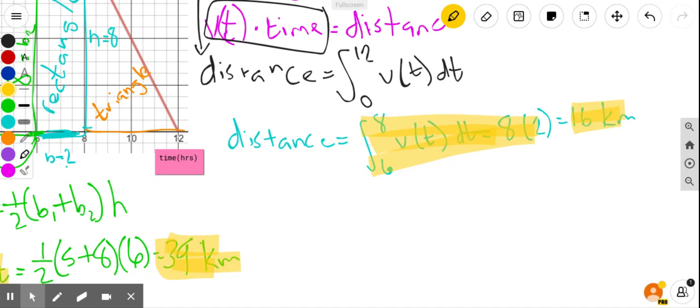So now we're in the final stretch. And we need to talk about that triangle. Oh, wow, that triangle, geez. So for that triangle, it covers that little last stretch. It's from 8 to 12 hours.